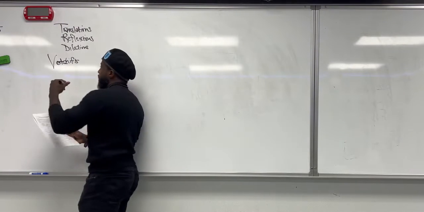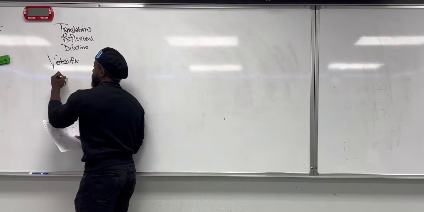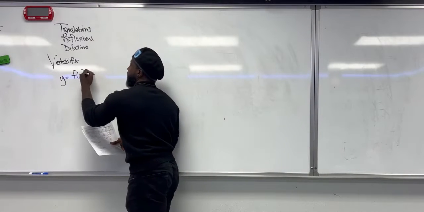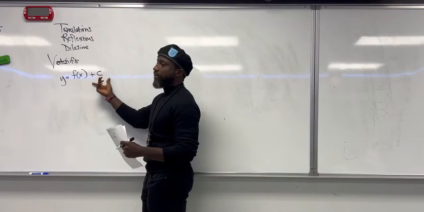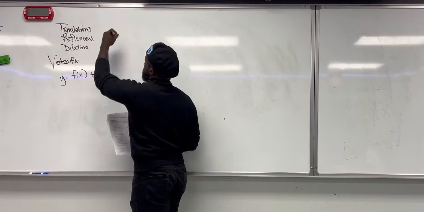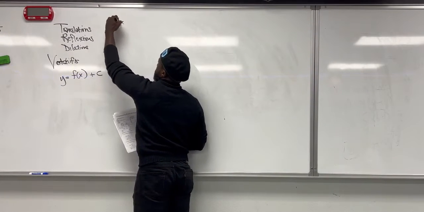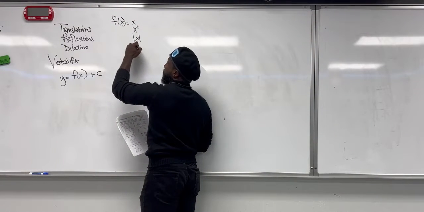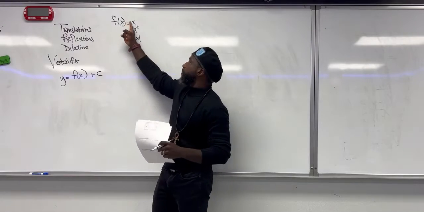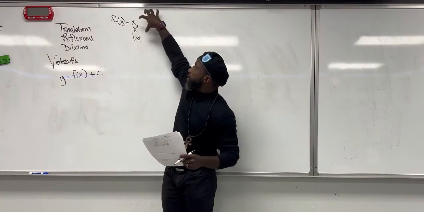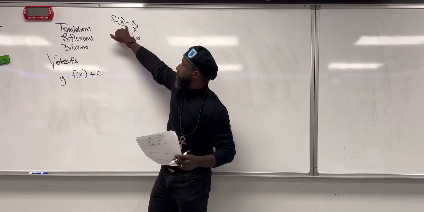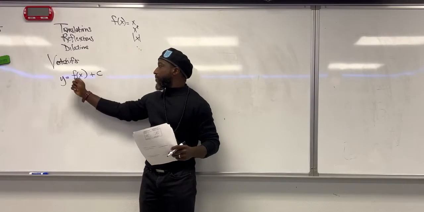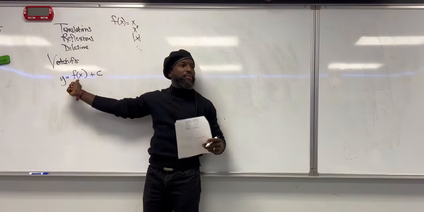For instance, y equals f of x plus any number c means you're going to have a vertical shift. f of x represents our parent function, that being x squared, the absolute value of x, and so on. This is inside of the box. These are our parent functions. Everything with functions derives from the parent function.